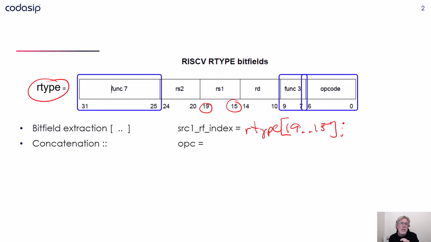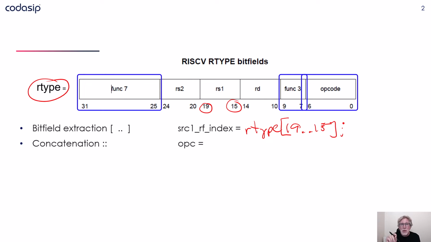You will actually need to send that concatenation, the complete opcode, to the instruction decoder for all your instructions. And the decoder will understand whether it needs to look at all 17 bits or not by looking at the unique features or definition of the lower 7 bits, that opcode field.